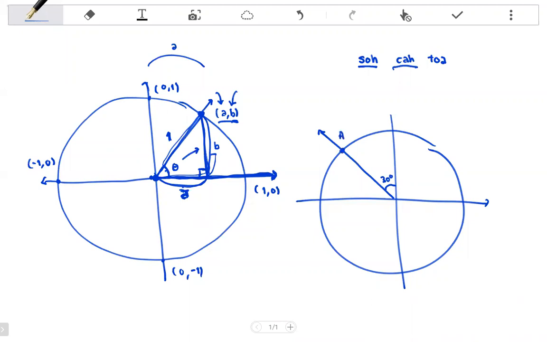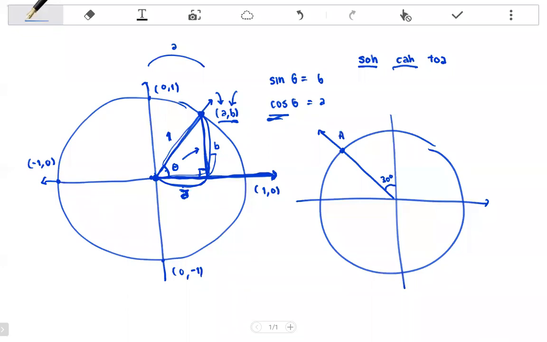Well, is the x coordinate sine or cosine? You said sine of theta is B, right? Cos of theta is A. If we're looking for the x coordinate, it has to be cosine, not sine. Sine is the y coordinate.